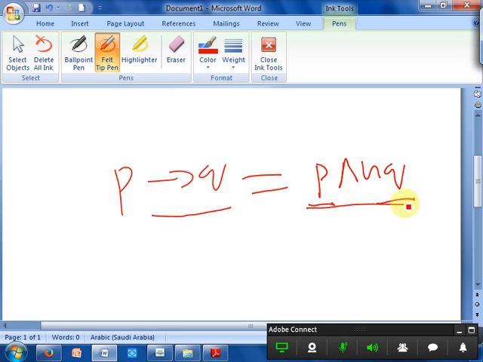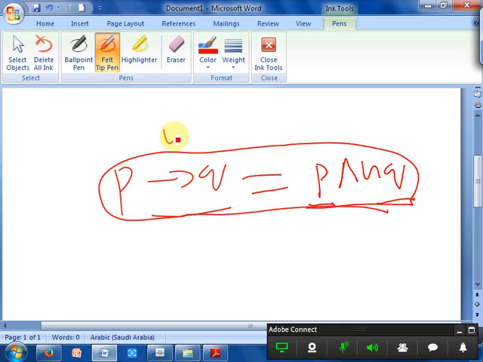You have to remember this. If you remember this, this is the negation. This is the not of P then Q. It is P and not Q. P and not Q. Not of P then Q.